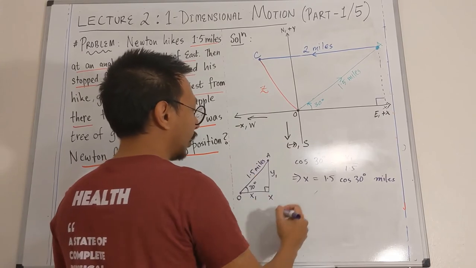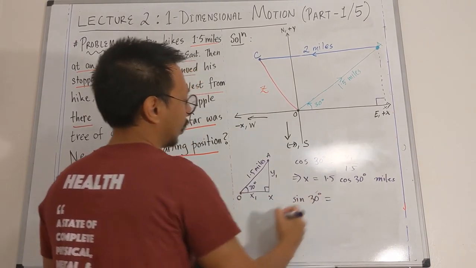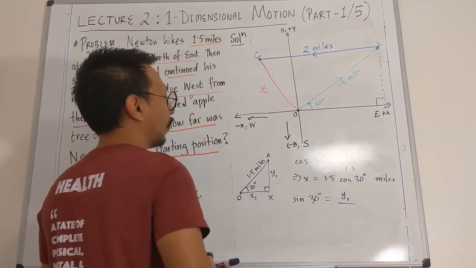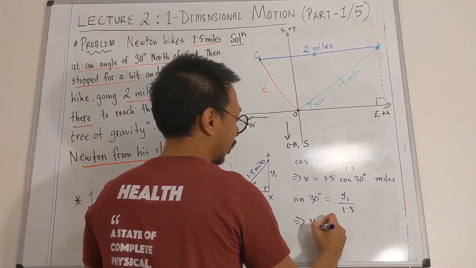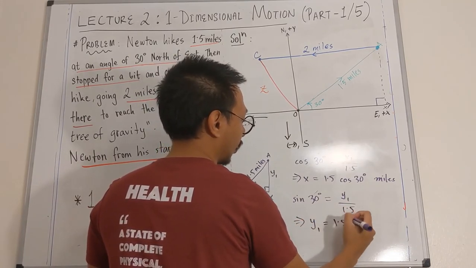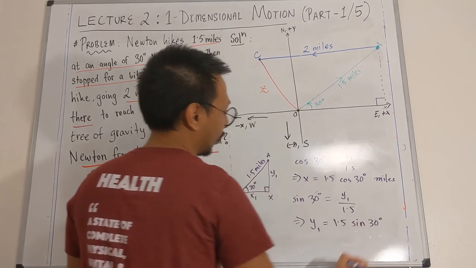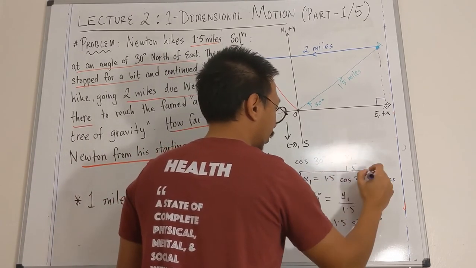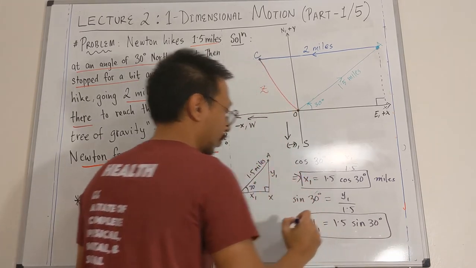Well, y1 is found by using sine of 30 equals opposite, y1, over hypotenuse, which is again 1.5 miles. So y1 is 1.5 times sine of 30 degrees. So we have x1 and y1.